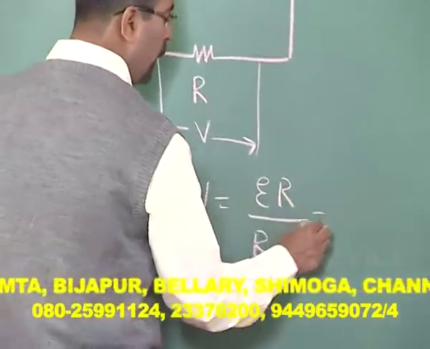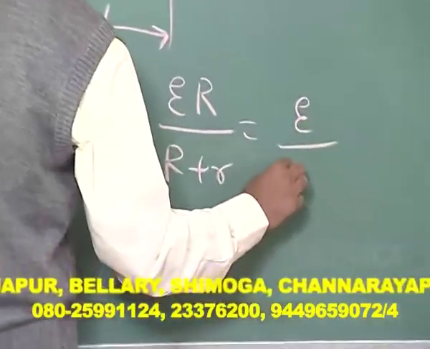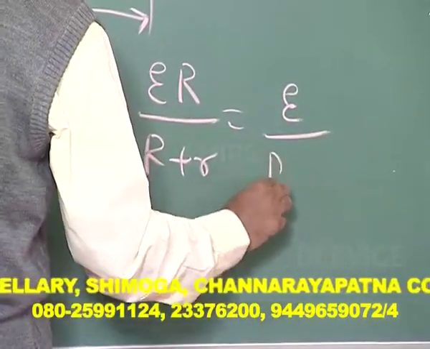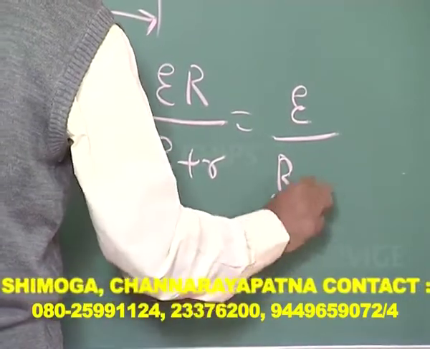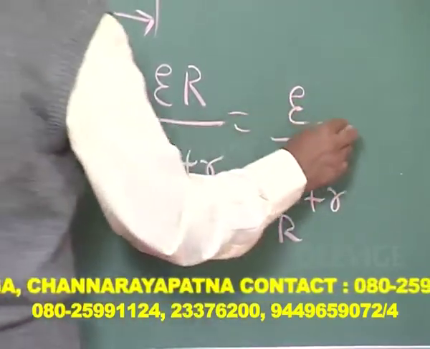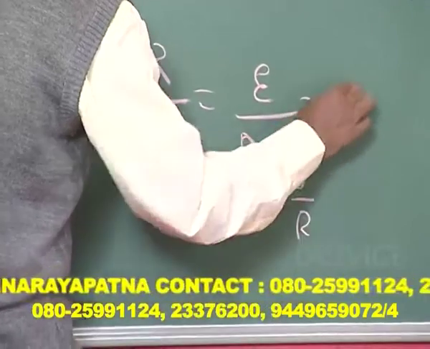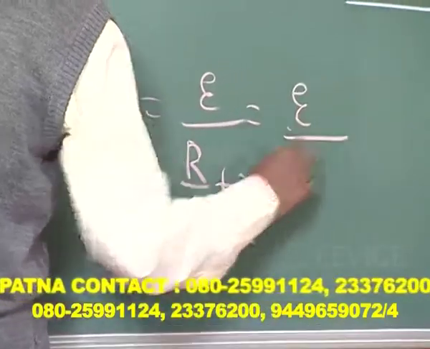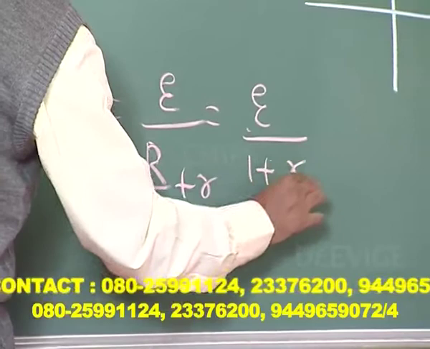Divide throughout by R, we will get it as E divided by R by R plus r by R. You can also write it as E divided by 1 plus r by R.